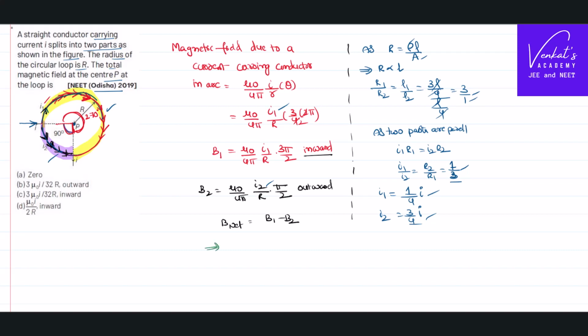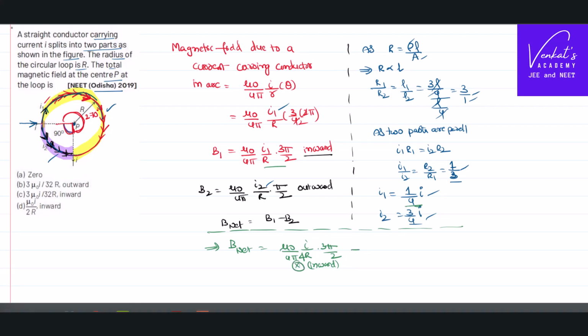That implies B net equals, let us substitute that. B1 is mu naught by 4 pi, I by 4R, and 3 pi by 2, inward. It can be shown with a cross.